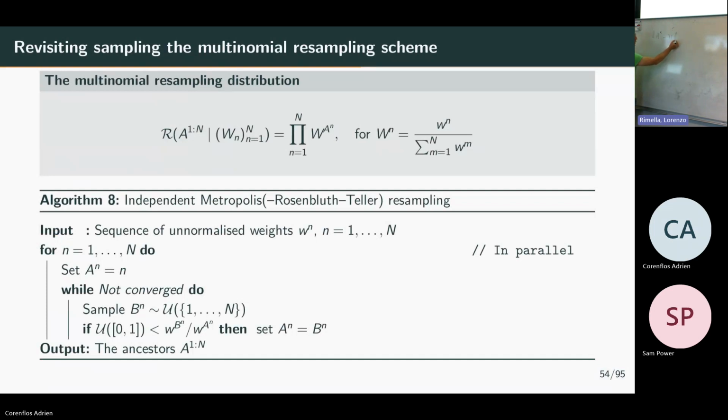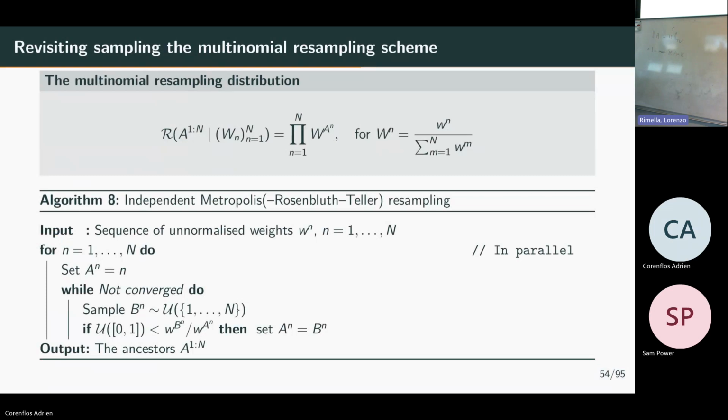I want to understand the total variation between the two in terms of the number of iterations of my Markovian kernel. The way to do that is, this is 1 minus the max of the probability that A equals B, over any coupling between the ancestors.